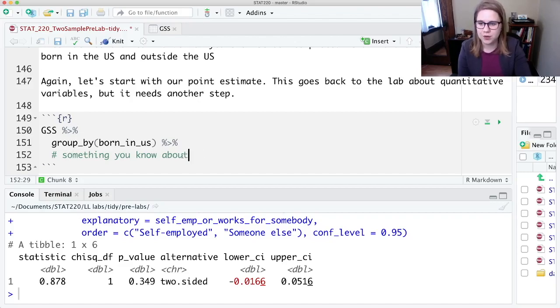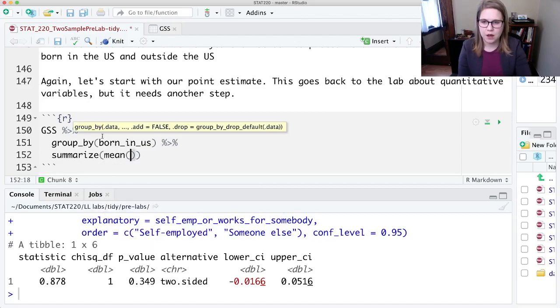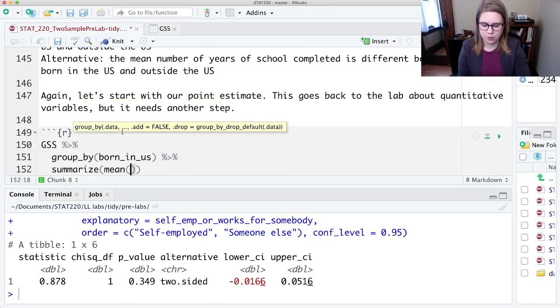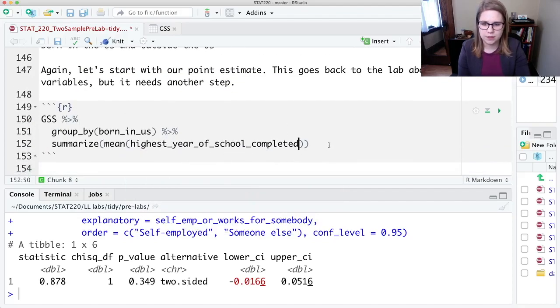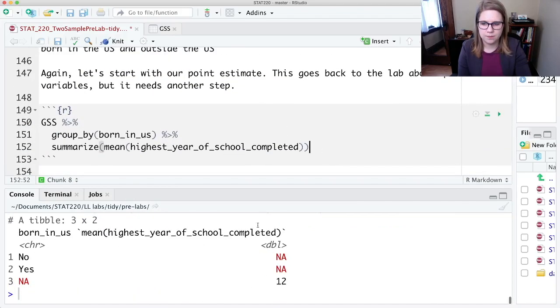All right, I'm going to do it. So the way that we did summary statistics in that lab about quantitative variables is with the summarize command. And in this case, we want to find the mean of that variable, highest year of school completed. Let's hit the play button. Okay, so we've got NAs again.